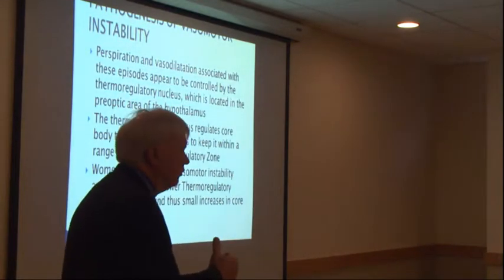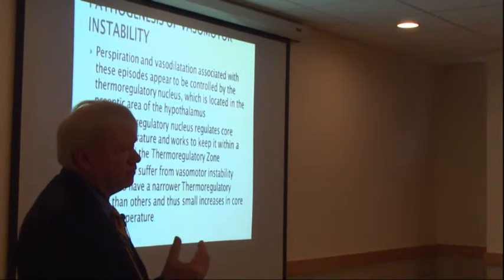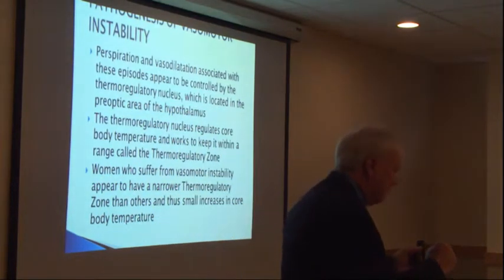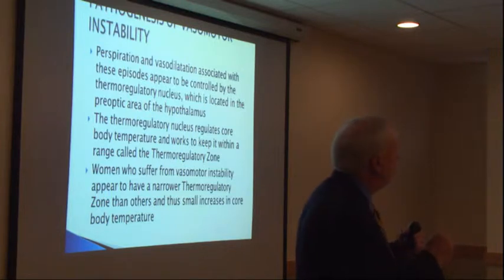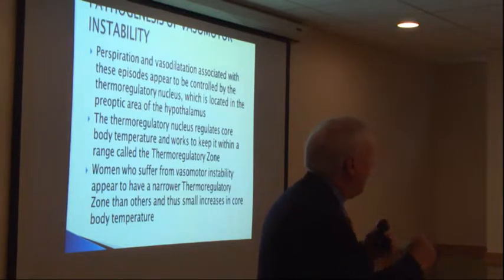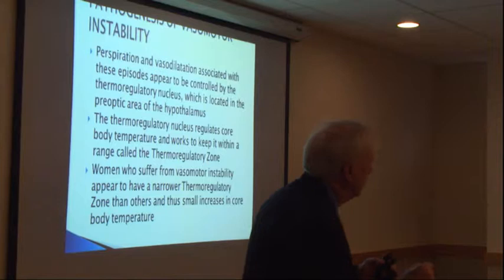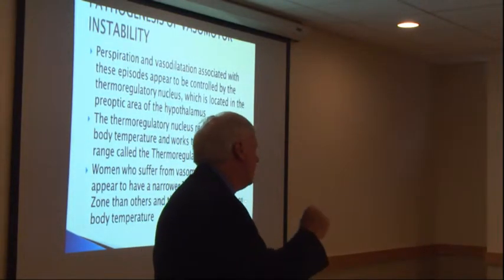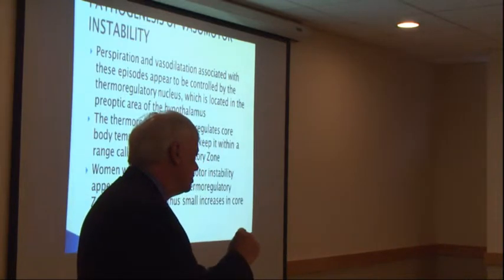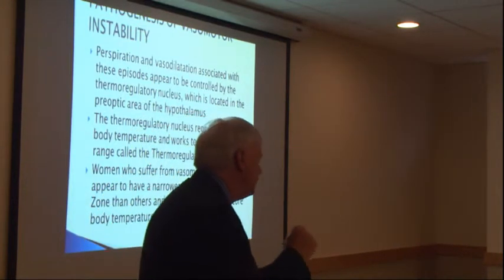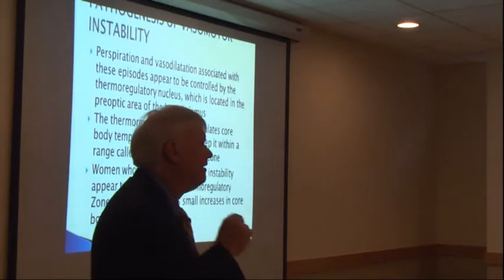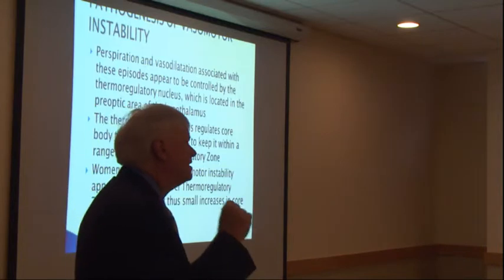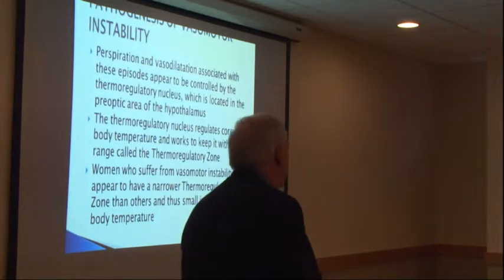Freedman in his article says that that thermoregulatory zone should be wide enough so that the fluctuations within external environmental temperature and core temperature should not have a meltdown for the patient. But when he started evaluating those symptomatic patients, where there should not be hot flashes, where there should not be sweating, where there should not be vasodilation, he found that this thermoregulatory zone was essentially non-existent in symptomatic women.